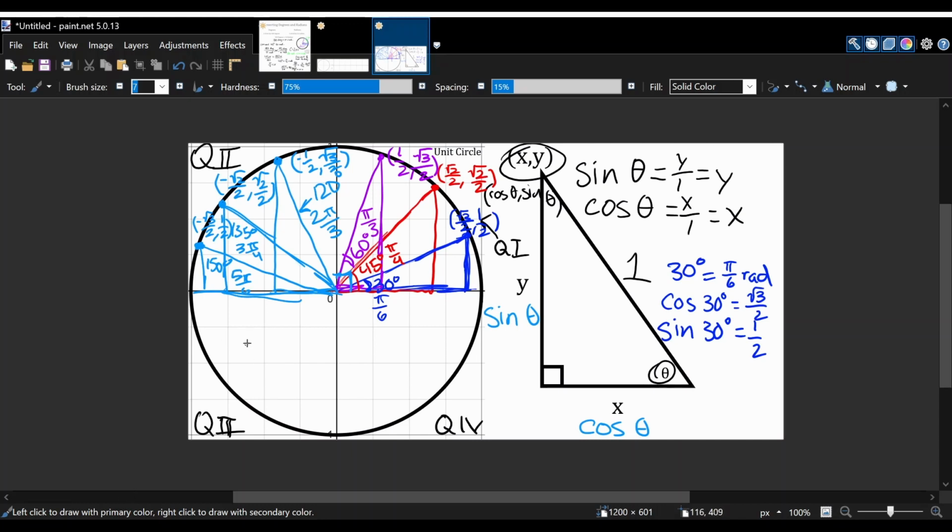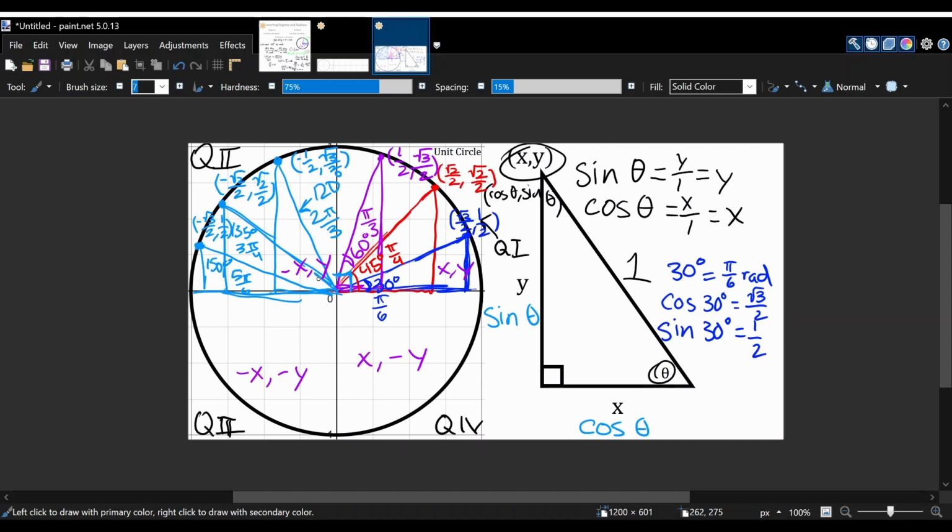Here, there's going to be negative x and negative y. Here it's going to be x and negative y, where here it was x, y, and here it was negative x, y.